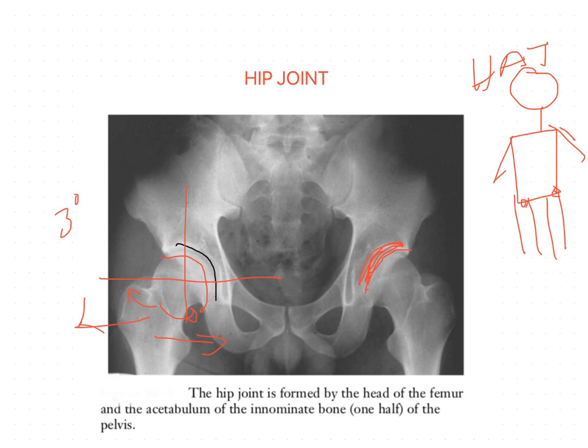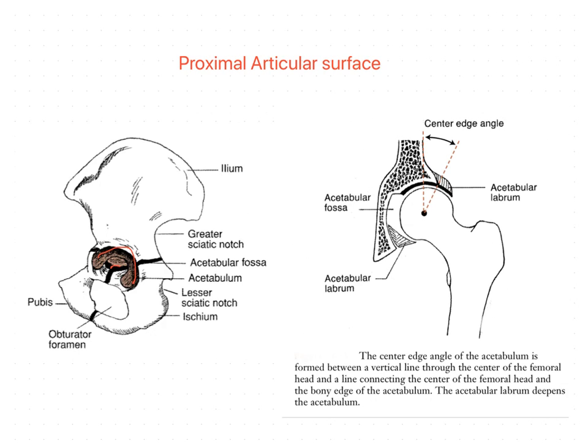The anterior rotation we can see in the transverse plane, and the anterior tilt we are going to see in the sagittal plane. Such is the position of the acetabulum, and the depth of the acetabulum can be calculated by an angle called the center edge angle. So this angle is drawn.